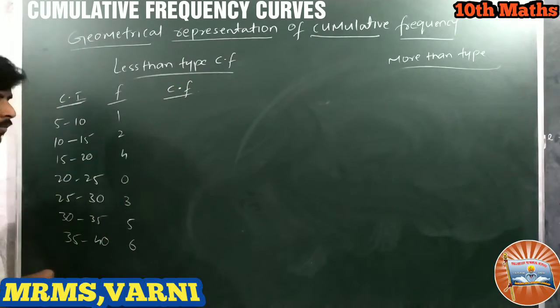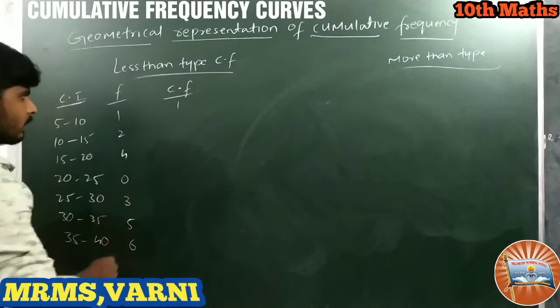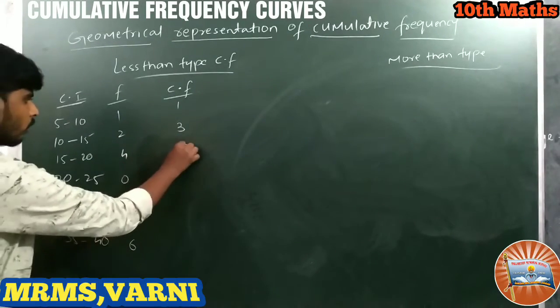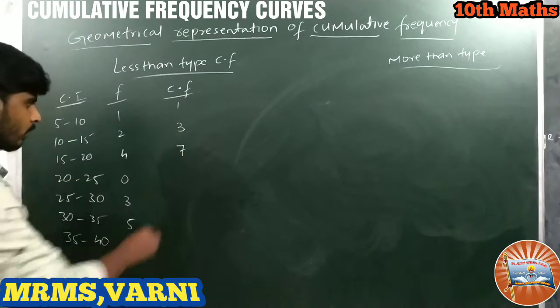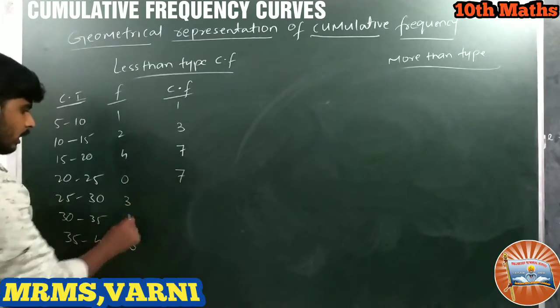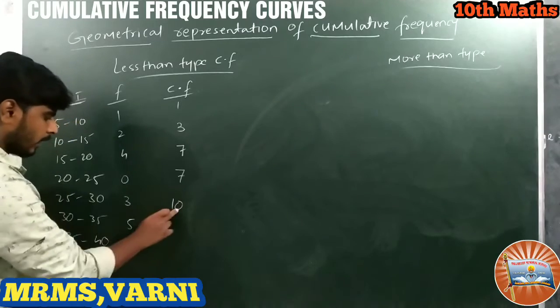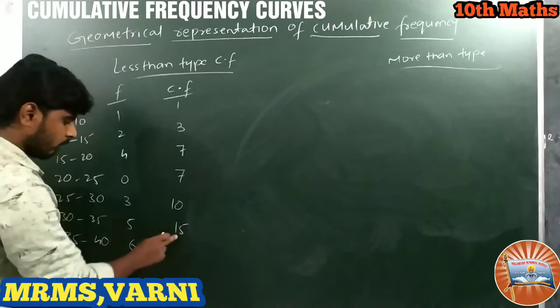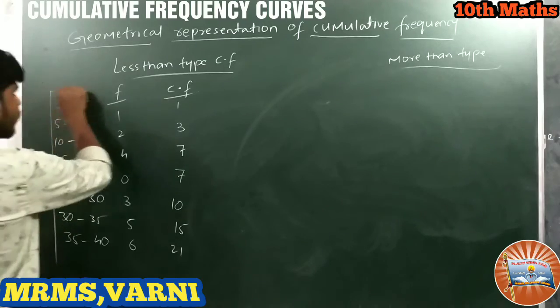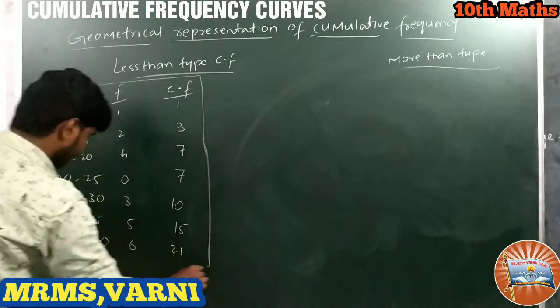What is the CF? Take 1 as this. 1 plus 2, 3, 3 plus 4, 7, isn't it? Is it clear? 7 plus 0, 7, 7 plus 3, 10, 10 plus 5, 15, 15 plus 6, 21. This is the cumulative frequency we have got here.